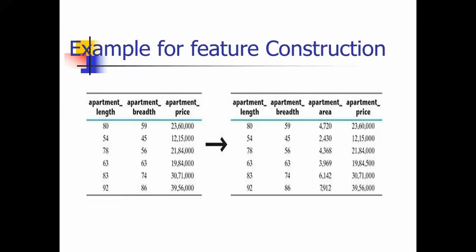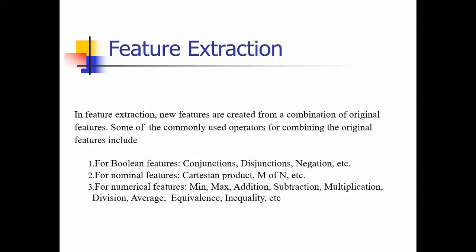That operation will be implemented by using feature extraction. Now you clearly understand the difference between feature construction and feature extraction. In feature construction, we can add new features, and under feature extraction, when you are adding the new features, you need some operators to generate new features from the original features.